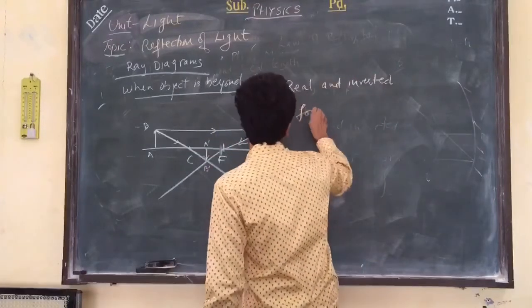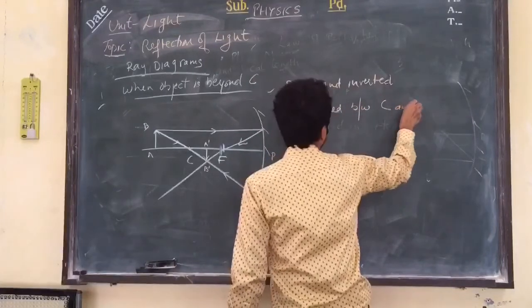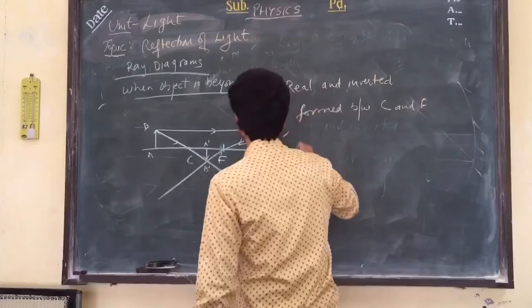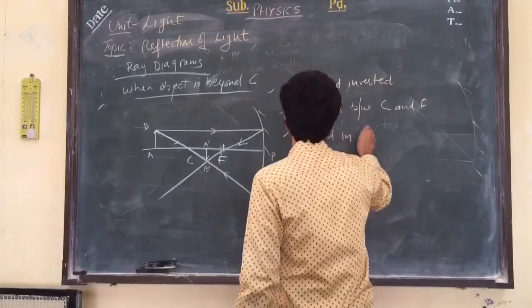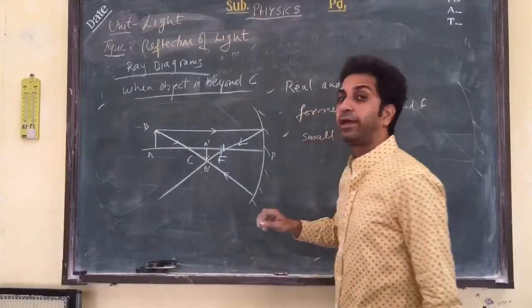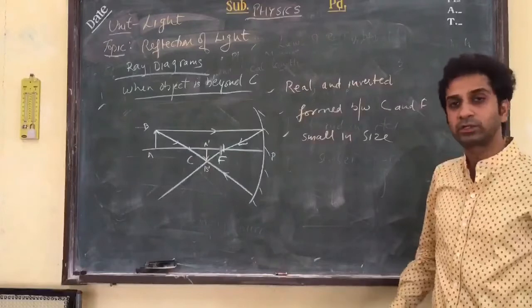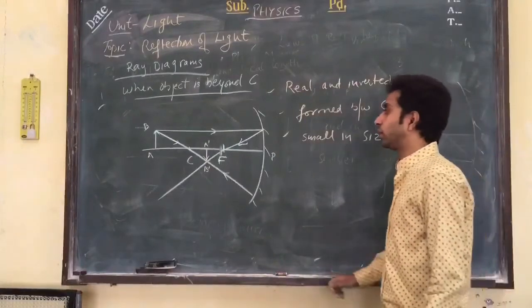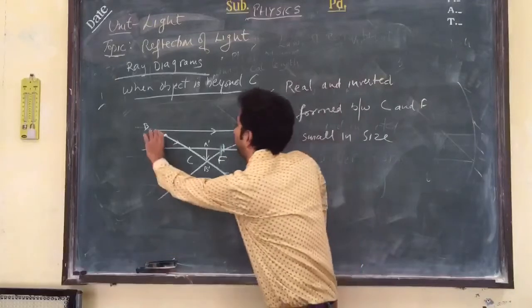The image is formed between C and F, and the image is small in size, but not as small as compared to the first case. In the first case it's quite smaller, but in this case we are not saying quite smaller, but a little bit smaller as compared to the object size.